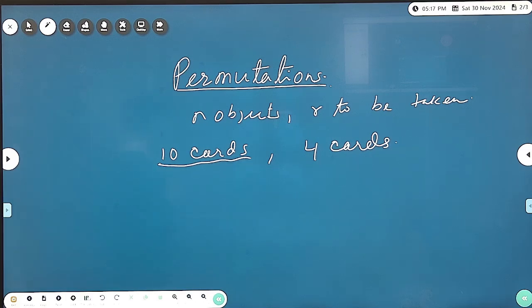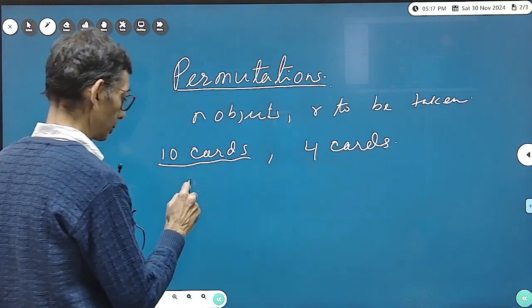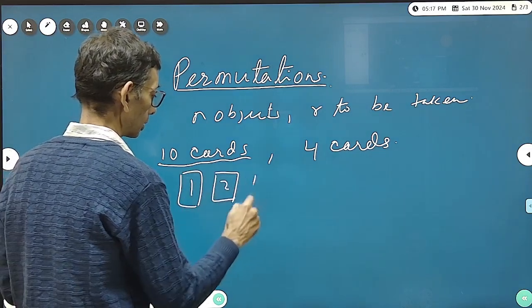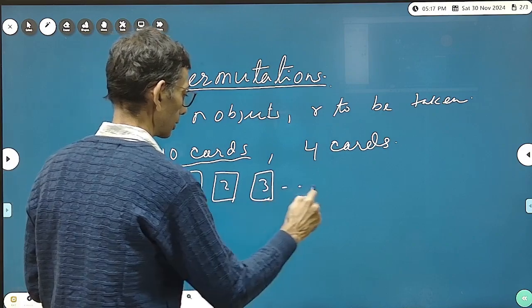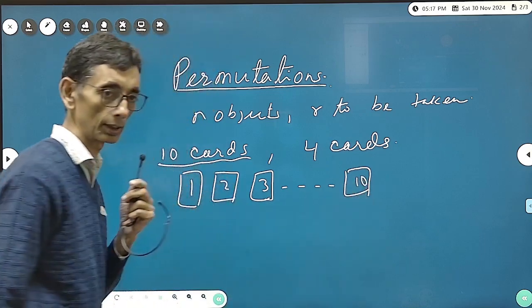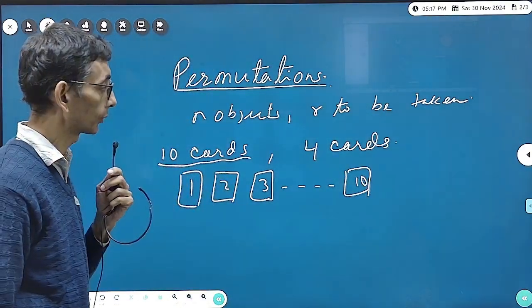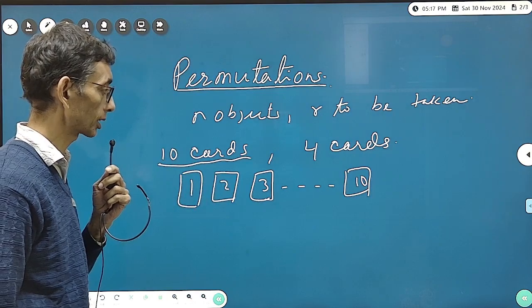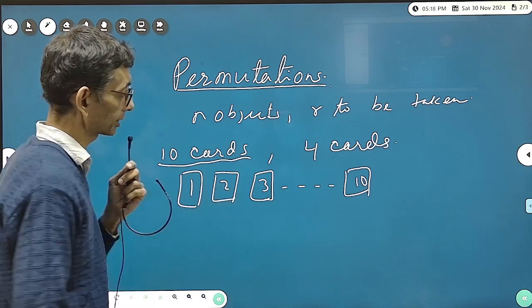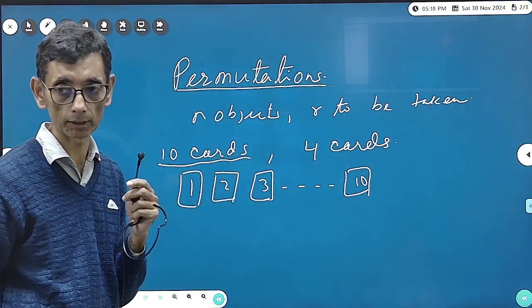So in how many ways can we arrange it? Okay, now you have got number cards 1, 2, 3 up to 10, distinct number cards, and you have to take 4 cards at a time. How many arrangements are possible? If we start doing this, it becomes a very big problem, it will take lots of time.